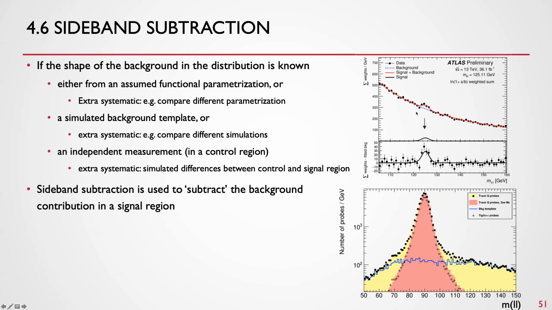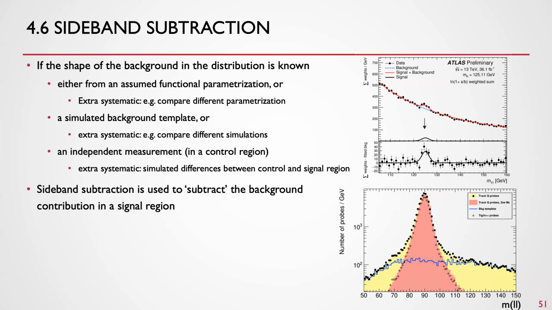Now, what is done here is the shape of the background is fit in the sideband such that this blue dashed background prediction is obtained under the Higgs boson mass peak, and then it is subtracted from the data, and the result of the subtraction is shown below in the pad, where an impressive peak is recovered after the background estimation.